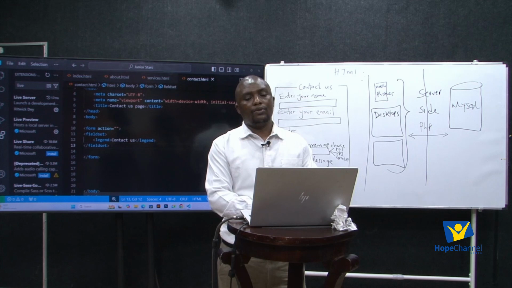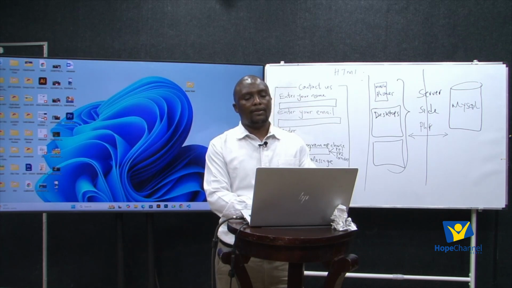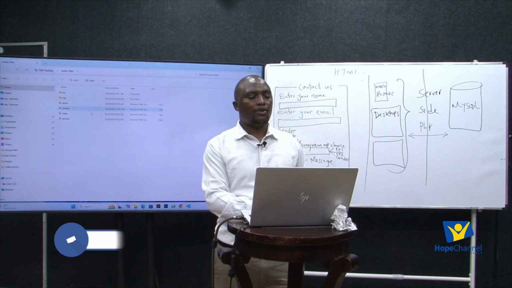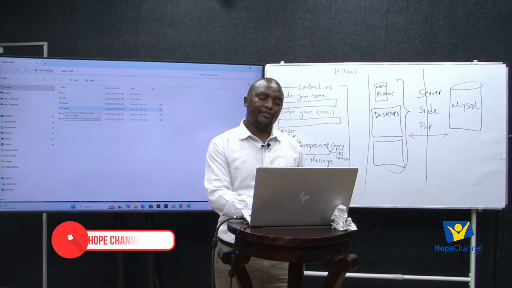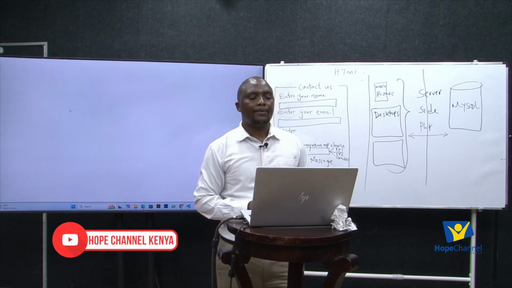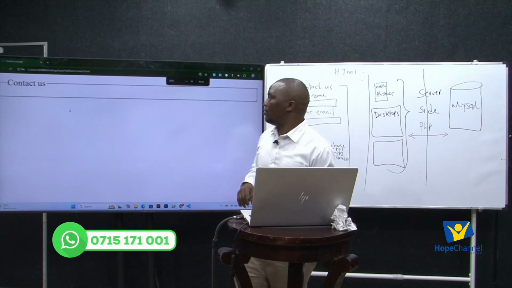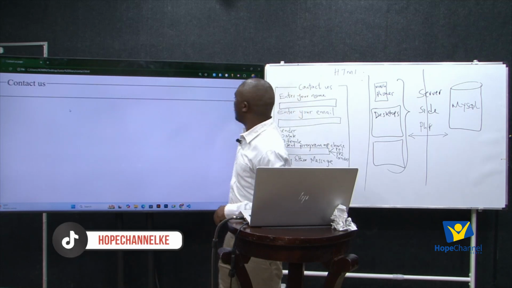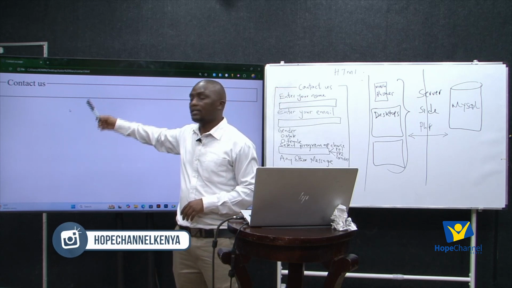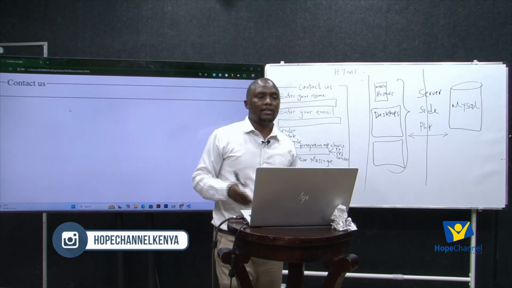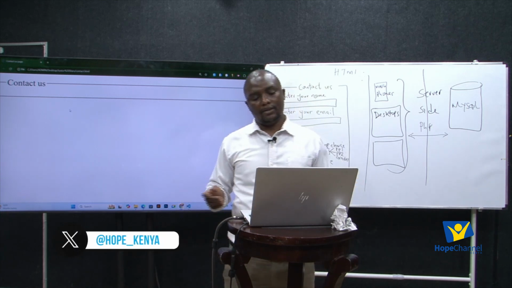The other thing you can do is to go down here, minimize everything, visit your website, confirm if you can see the folders and the files, then open your file. You'll be able to see that you have created a fieldset with a legend, contact us, and all those are inside the form tag.